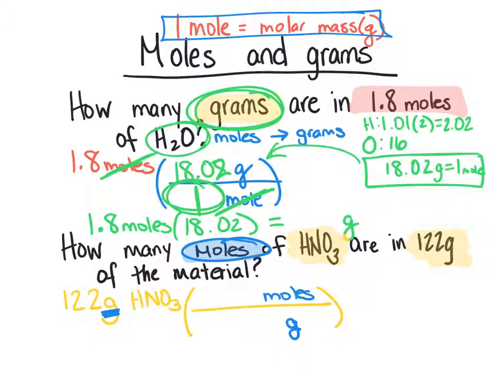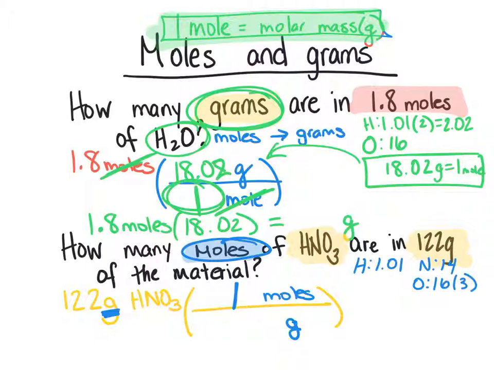Well, I'm still going to be using this relationship up here. 1 mole is equal to the molar mass of the material. So I'm going to fill in those numbers. 1 goes next to the word mole, and the molar mass of HNO3 needs to be calculated. So hydrogen has a mass of 1.01, nitrogen has a mass of about 14, and oxygen has a mass of about 16, but I have 3 of them.